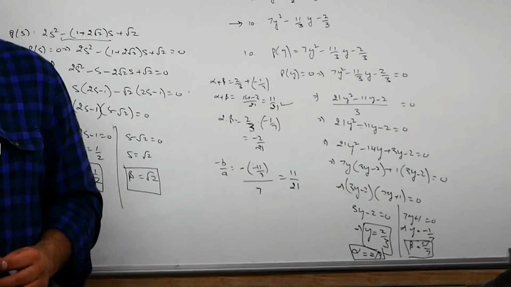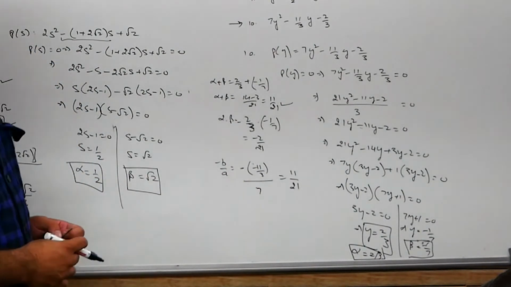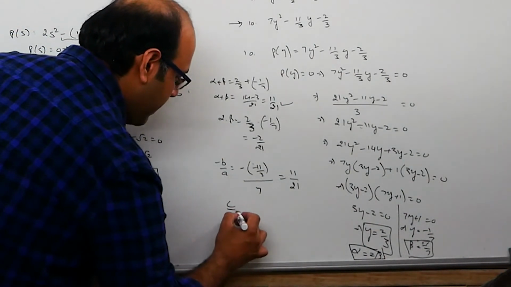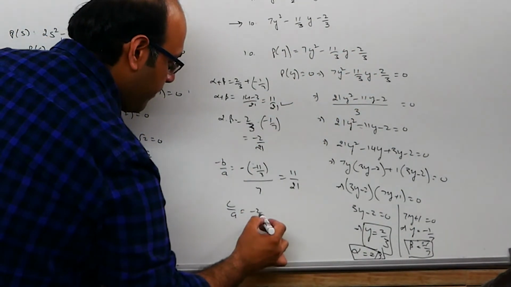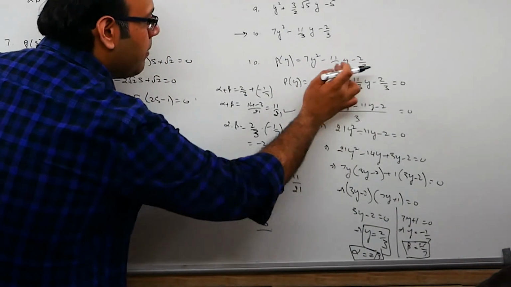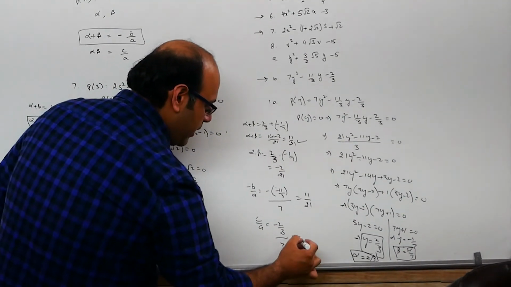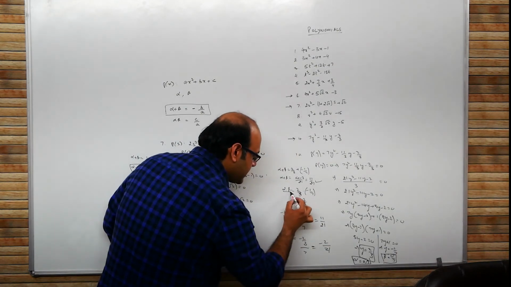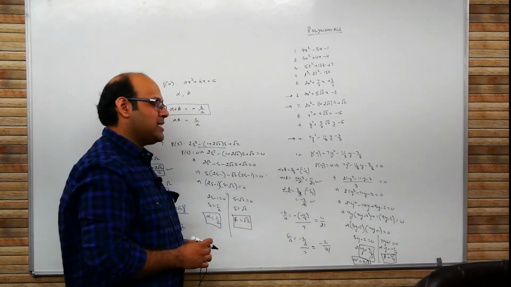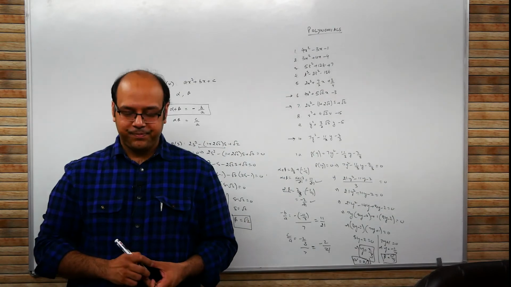So this is verified. Let's move on to c upon a. So c upon a will be minus 2 by 3 divided by 7. So this gives me minus 2 upon 21, and this is precisely what the value of alpha into beta is. So this is also verified.